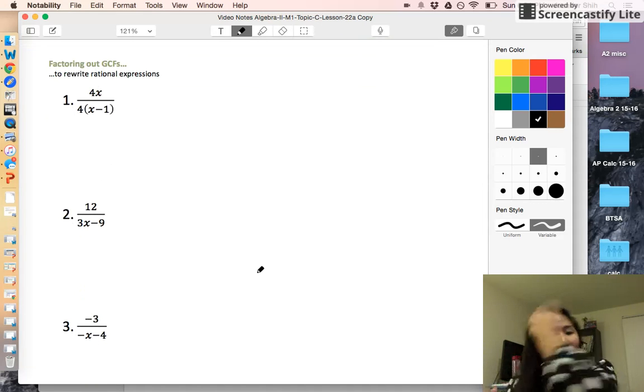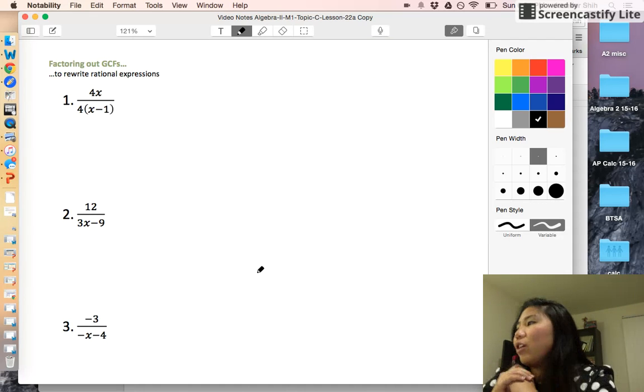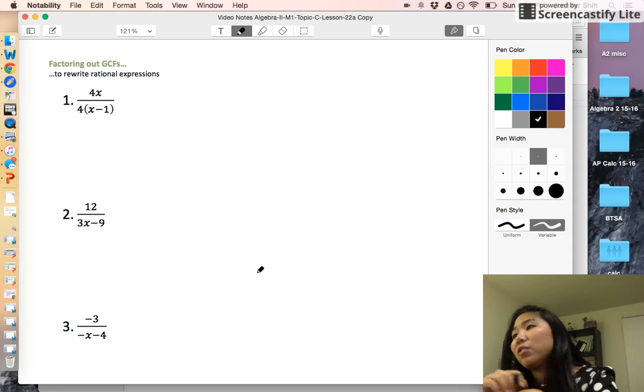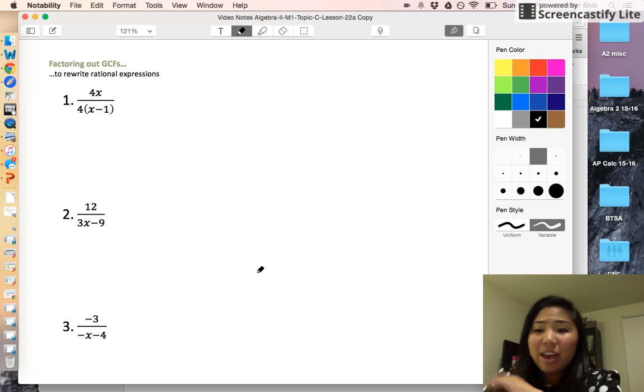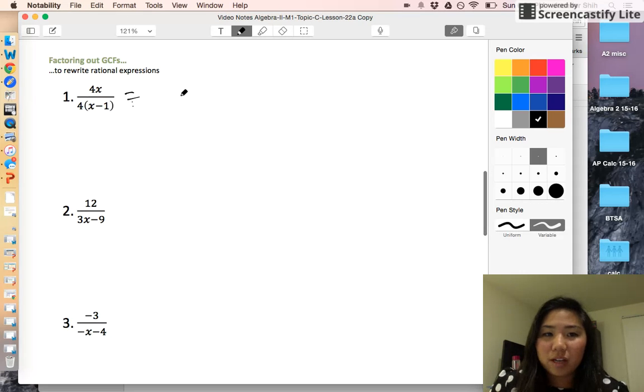One of the ways to rewrite equivalent rational expressions is to take out the greatest common factor. Sometimes if you take out a factor in the numerator and the denominator, you are going to be able to cancel it out using the property of 1. So we have over here 4x. There's no greatest common factor in the numerator, but I'm going to factor out a 4.